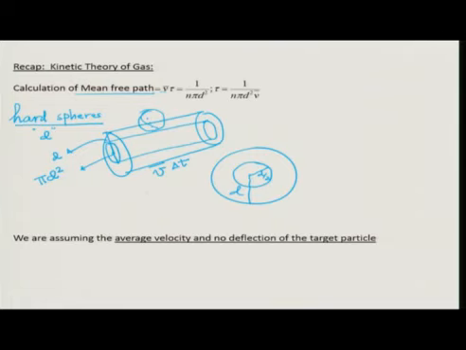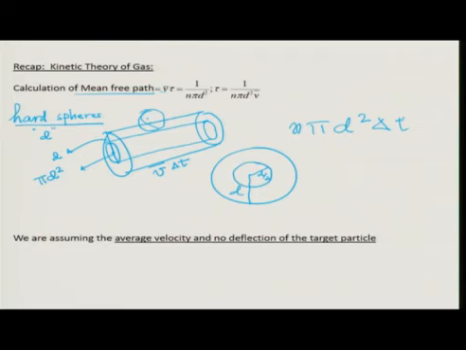Using this, we could calculate the total number of collisions in time delta t. Total number of collisions, we found out that it is n pi d square v delta t. This is total number of collisions over a time delta t.